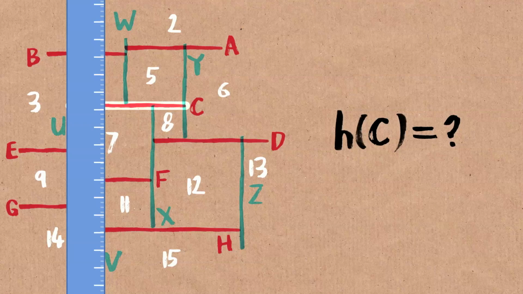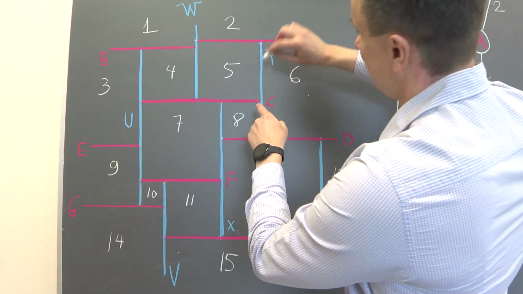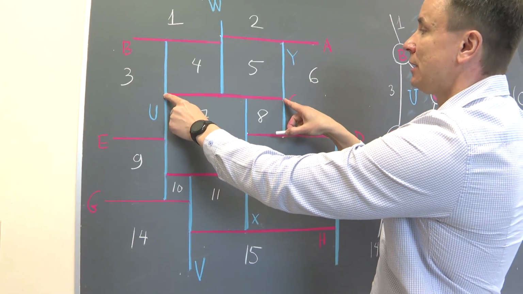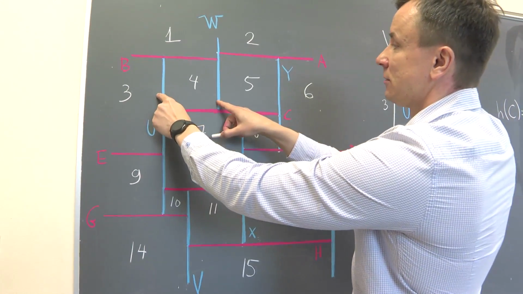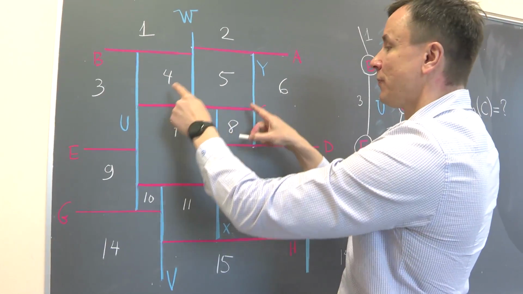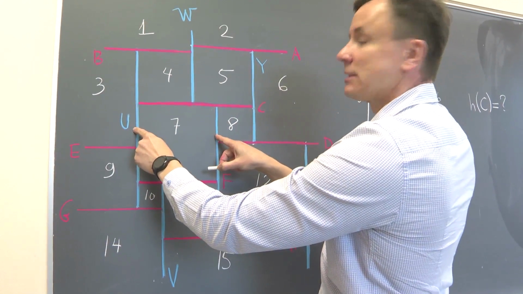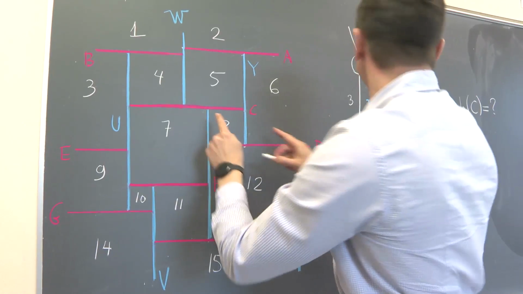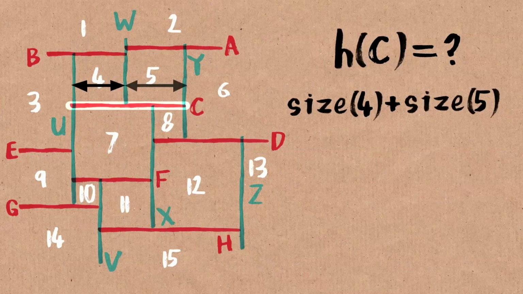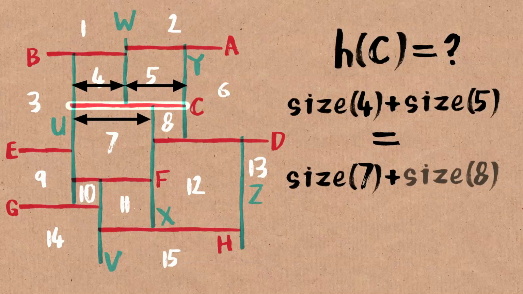And what is the equation on this height? If we look at the length from here to here, on the one hand it is the size of the square 4 plus the size of the square 5. And on the other hand, the size of the square 7 plus the size of the square 8. So the equation is the size of 4 plus the size of 5 is equal to the size of 7 plus the size of 8.